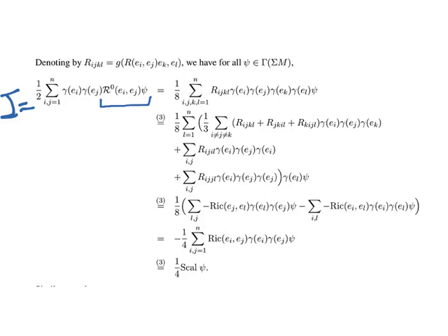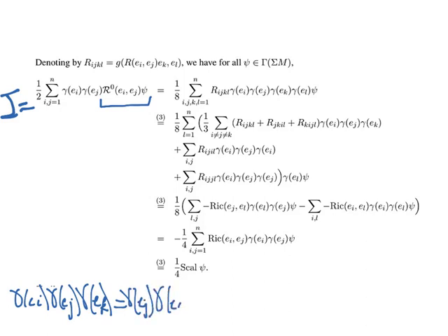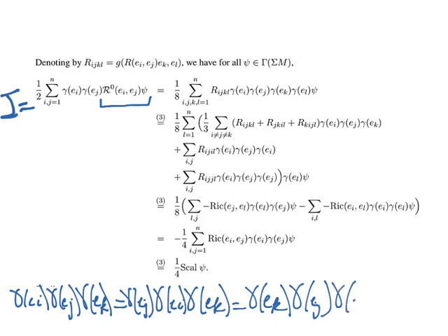And now check the next step, because gamma e_i, gamma e_j, gamma e_k is equal to the same product in any order. You can commute them in the order you want, like gamma e_k, gamma e_j, gamma e_i, as you wish, if i is not equal to j, is not equal to k.